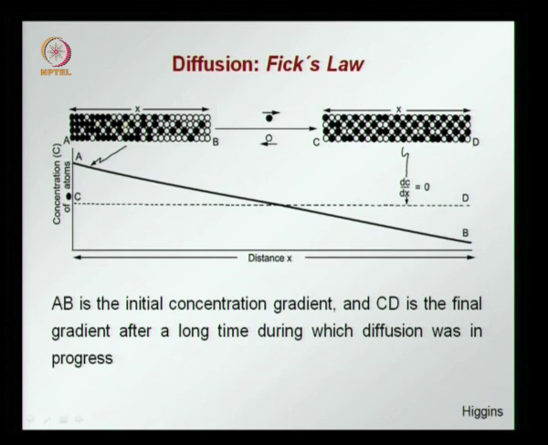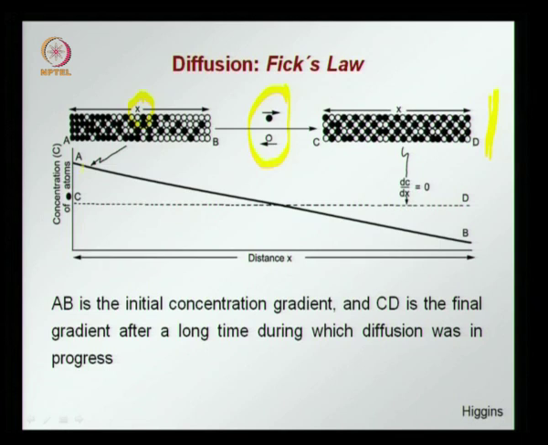So, there is a difference in concentration of the black atoms through this distance x. What diffusion will do is try to make the concentration the same throughout the distance x by having the black atoms move to the right and the white atoms move to the left, to eventually reach a system like this, where you have an equal distribution of black and white atoms throughout the distance x.